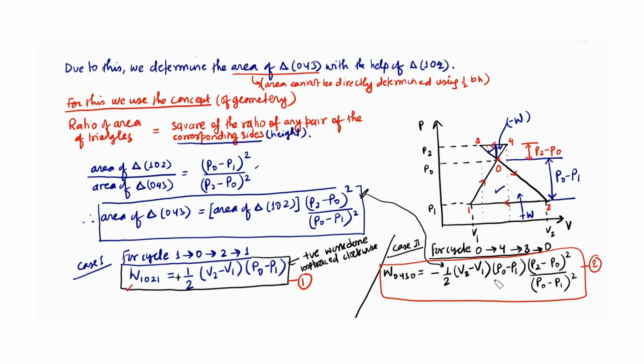Let's see. We have this, okay, equation 2. So we can cancel this also, okay. So we have minus 1 by 2 V2 minus V1 times P2 minus P0 whole power 2 divided by P0 minus P1. So I'm writing over here, okay.